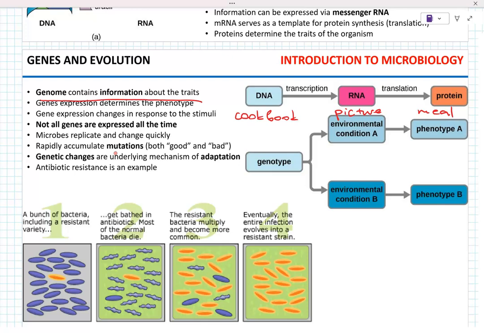That's protein. You convert the instructions of the recipe into the product of an actual edible meal. Your friends aren't going to appreciate it if they come in and say, well, I have pictures on my phone, look, we can eat them. No, you can't. So that's the idea. You have to get all the way to proteins, for the most part.